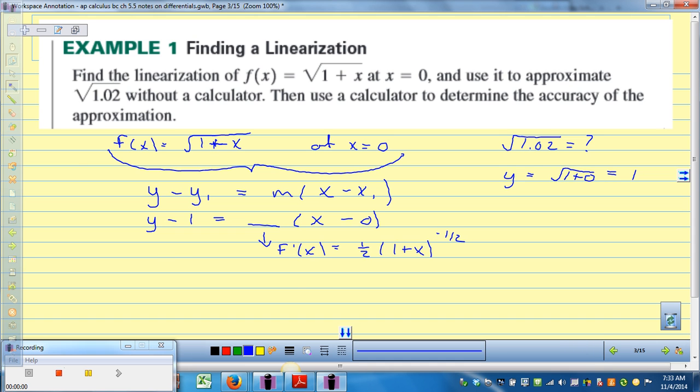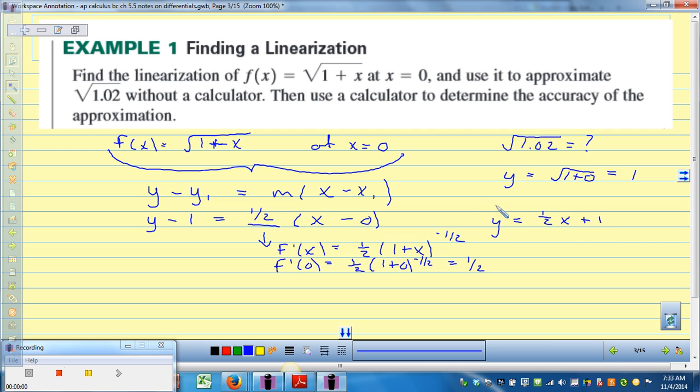I put in 0, because we're interested at the point x equals 0. So we have 1/2 times 1 plus 0 to the negative 1/2, giving me 1/2. So there is my equation of the tangent line, which is y equals 1/2 x plus 1.